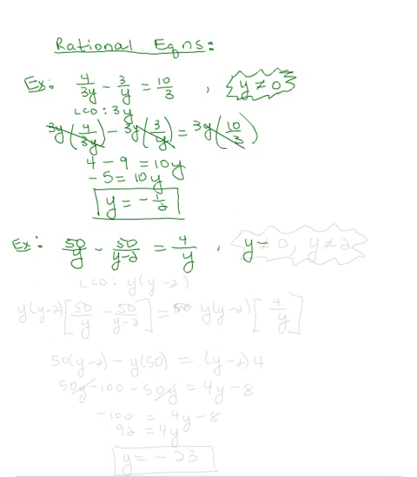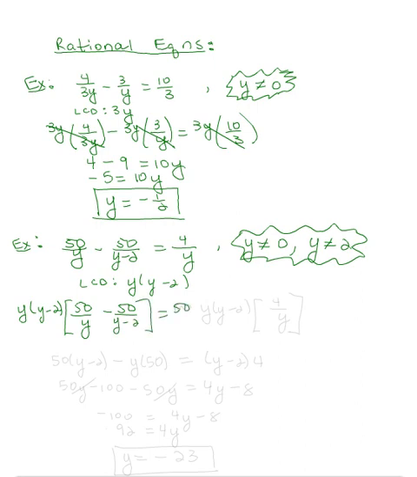So we want to note that y can't equal 0 and y can't equal positive 2. Otherwise, some of the terms are undefined. Now, the LCD of this problem is y times y minus 2. So we want to multiply all terms by y times y minus 2 to clear the fractions out. This is the most efficient method for solving a rational equation.